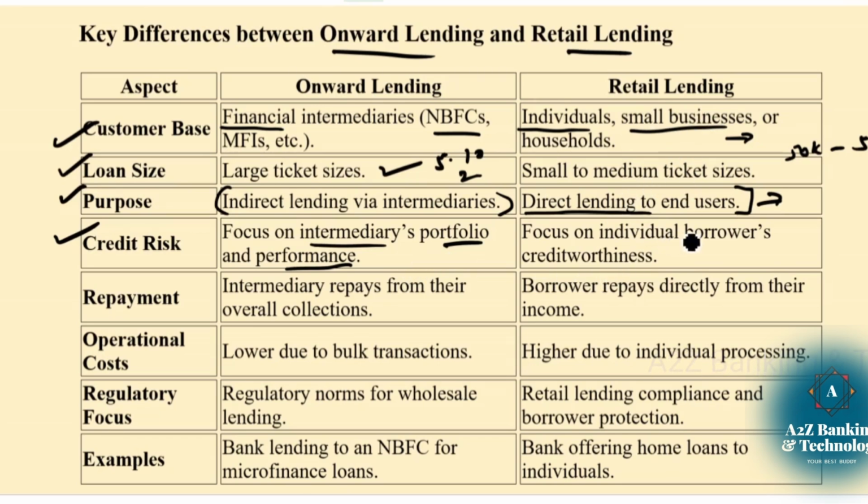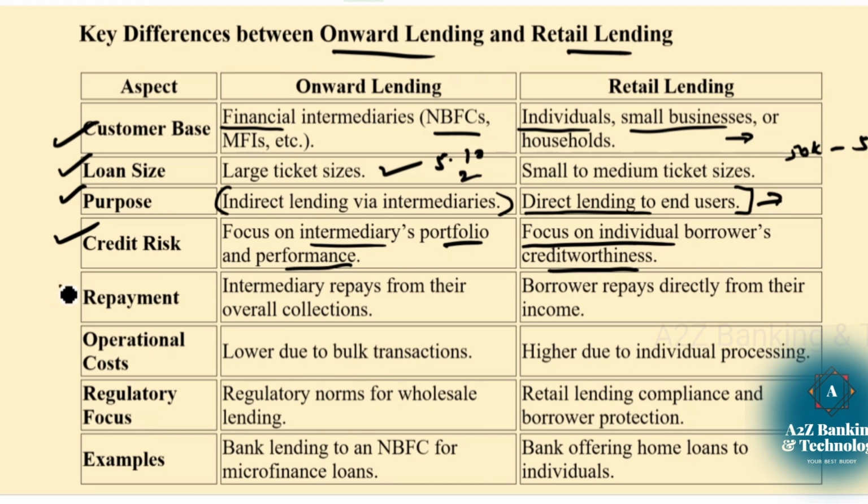But in retail lending, it depends on the profile and the individual's repayment capacity and worthiness, and the product also varies. If you have lent an unsecured business loan, then the chances of default are very high. But if you have funded a secured loan against their property or any movable or immovable collateral, then the chances of default are a bit low.